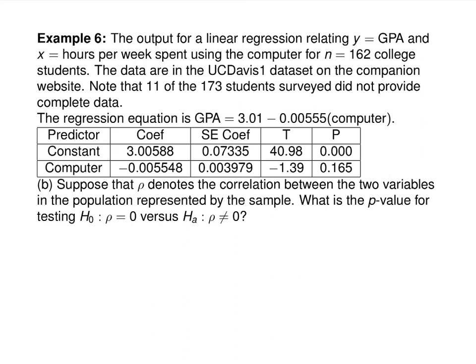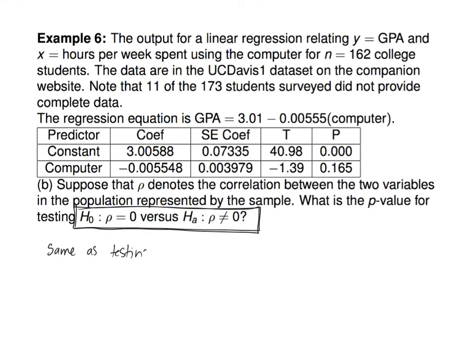And last question about this, suppose that rho denotes the correlation between the two variables. And what is the p-value for testing this hypothesis? So correlation would be sort of how strong is that relationship between them. And this is actually the same thing as testing the slope, because this is testing the strength of the relationship.